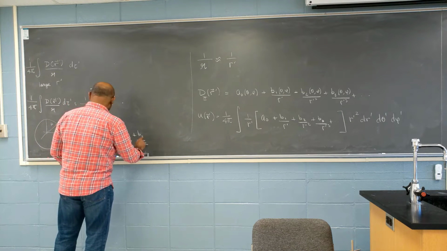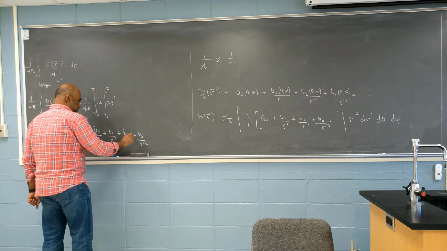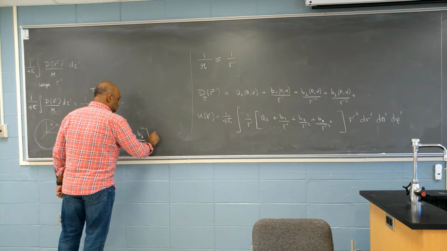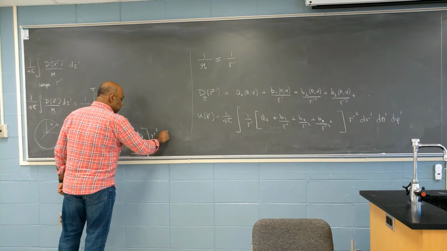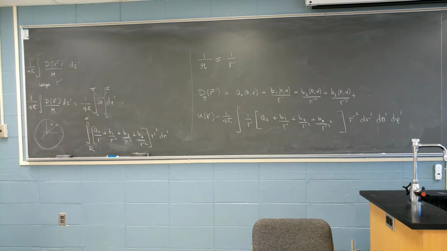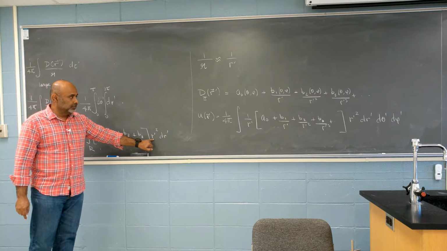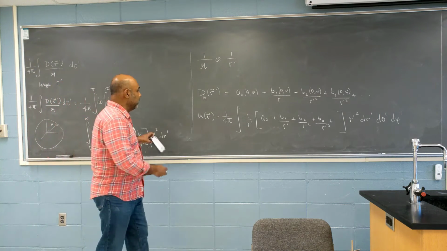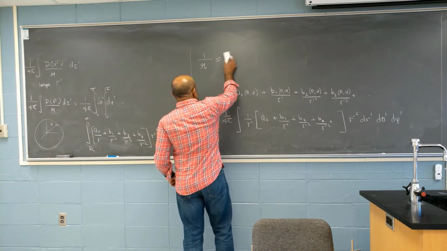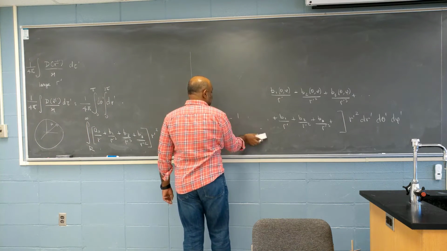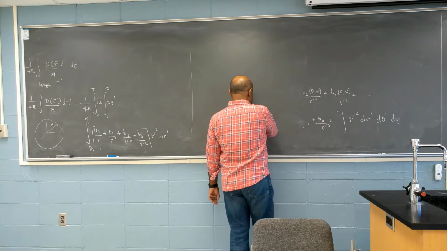And I'm going to stop there. R prime squared dr prime. You see, the whole problem is there's R prime squared. So let me take that in. And you will see which one creates infinity and which one doesn't.